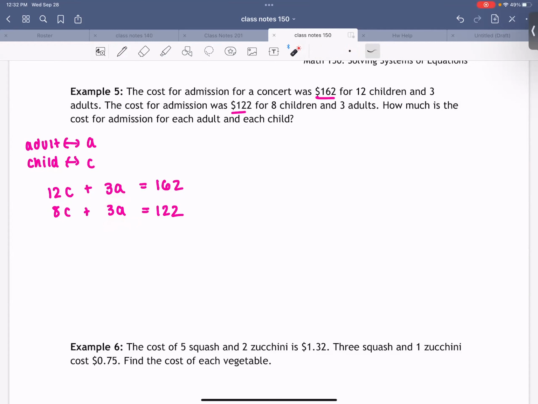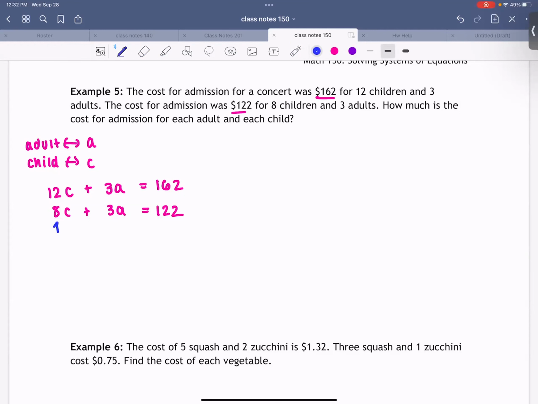Subtract. Yeah, we can subtract them, but let's go with the conventional way of doing this. I want them to match and have different signs, right? So does it matter which one I multiply by -1? No, right? Because both of them have a 3a. Just to make things interesting, I'm gonna multiply the bottom one by -1.